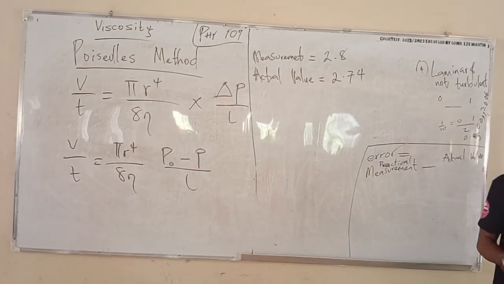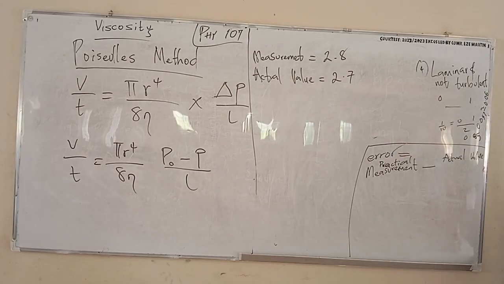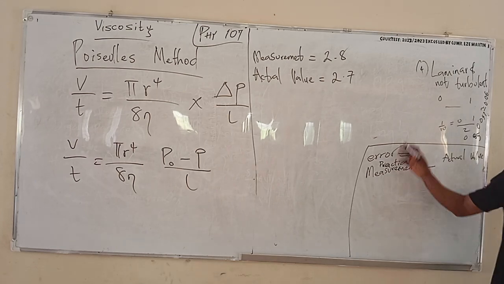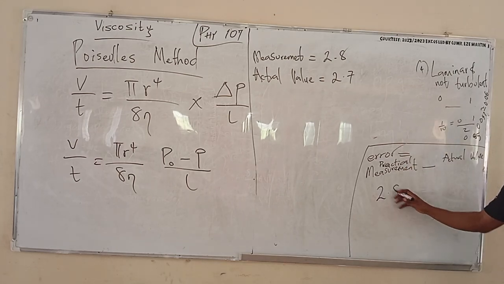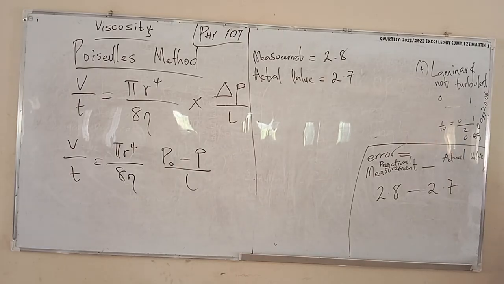You see that it's almost close. Is it not true? So what I'm saying is that error naturally should simply be that measured one, the practical one, minus the actual one, the one it is supposed to be. So go there, let me see what you have.